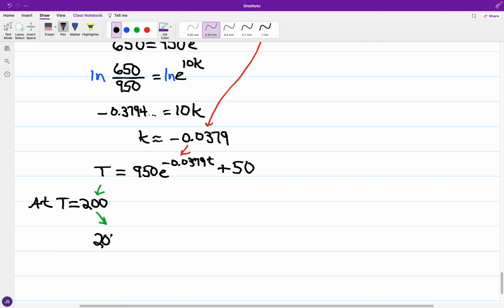So we have 200 equal to 950 times e to the negative 0.0379t plus 50.